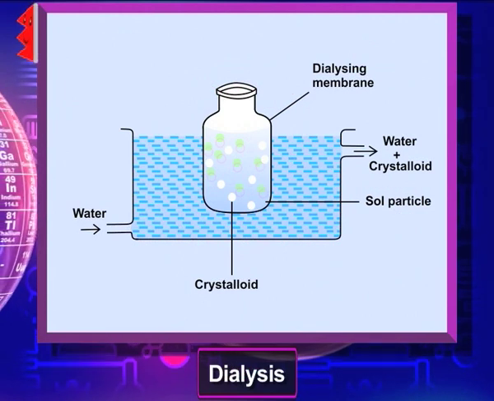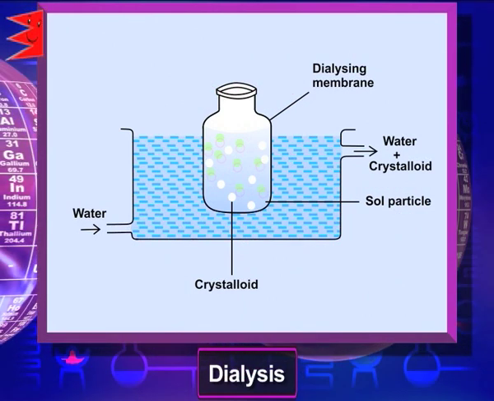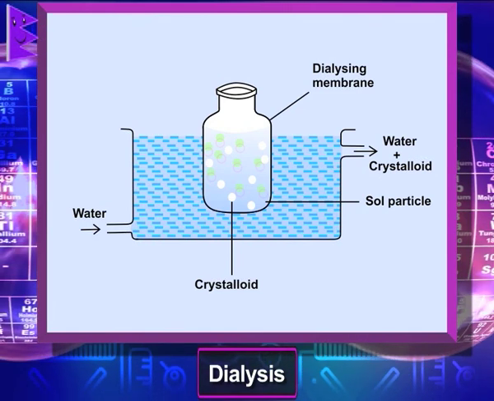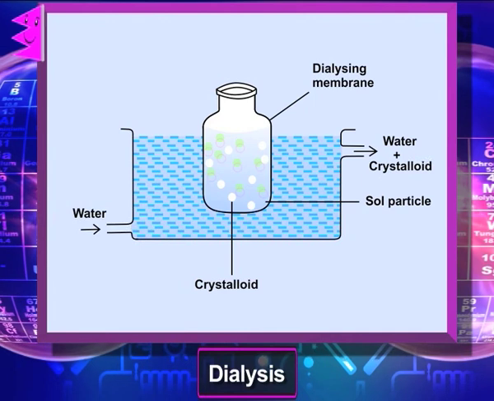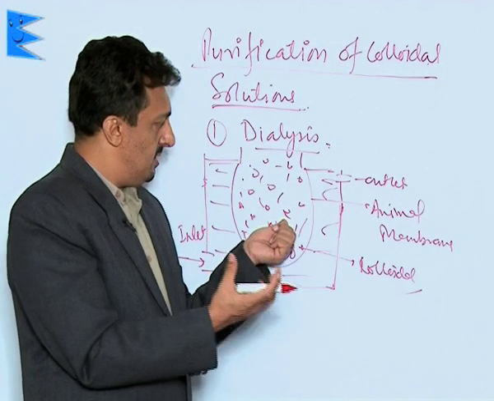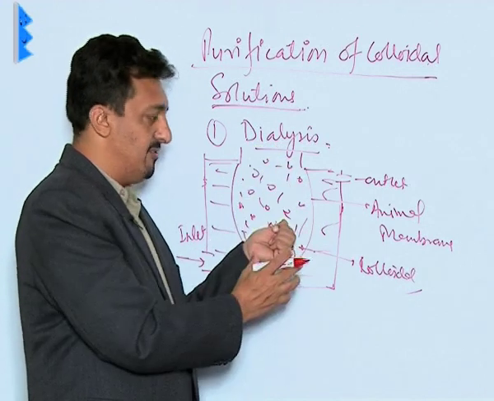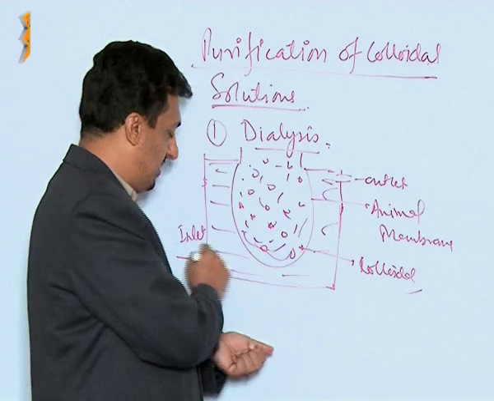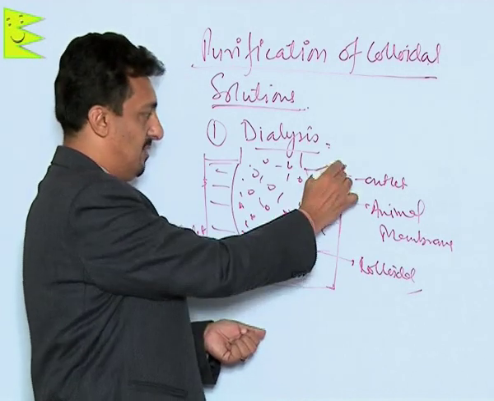Now what happens is that through this animal membrane, the ions can easily diffuse out. The impurities can easily diffuse out because their concentration is higher inside the animal membrane, in the pouch or the bag which you have taken, and their concentration is very low outside. And this water is running, the inlet is here and the outlet is here.